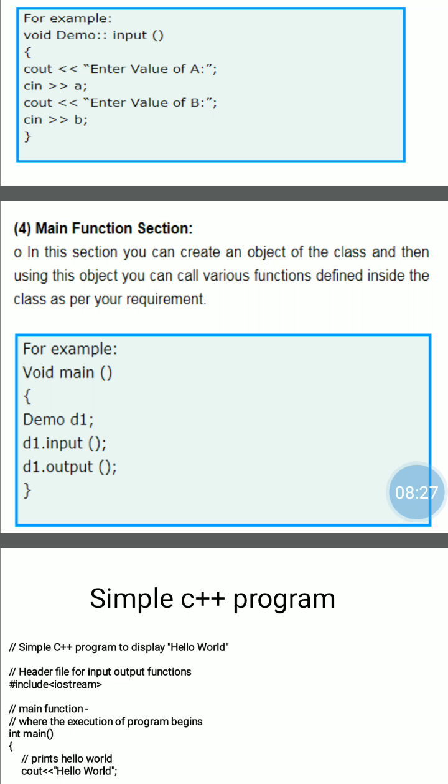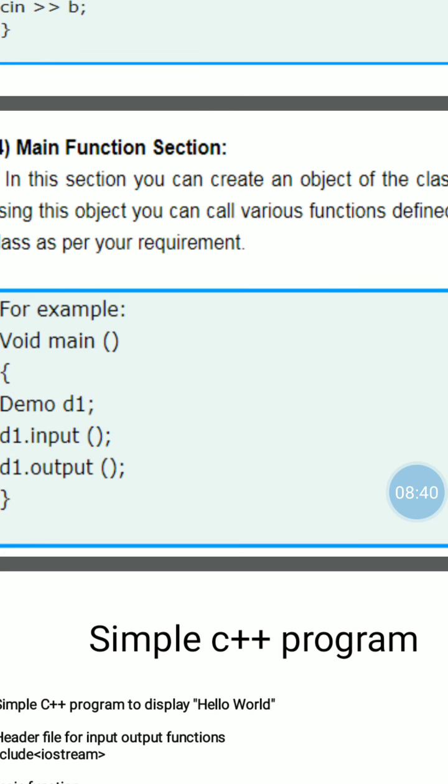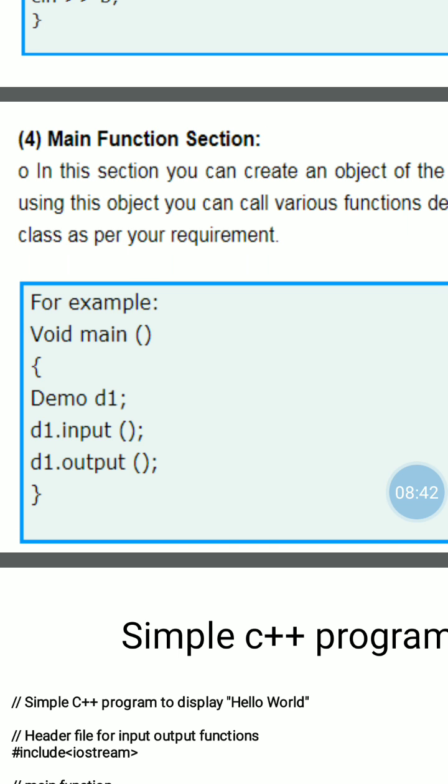And after that we create the object. Object means a variable of type class. For example, integer A. A is a variable of type integer. Same, D1 is a variable of type class demo.